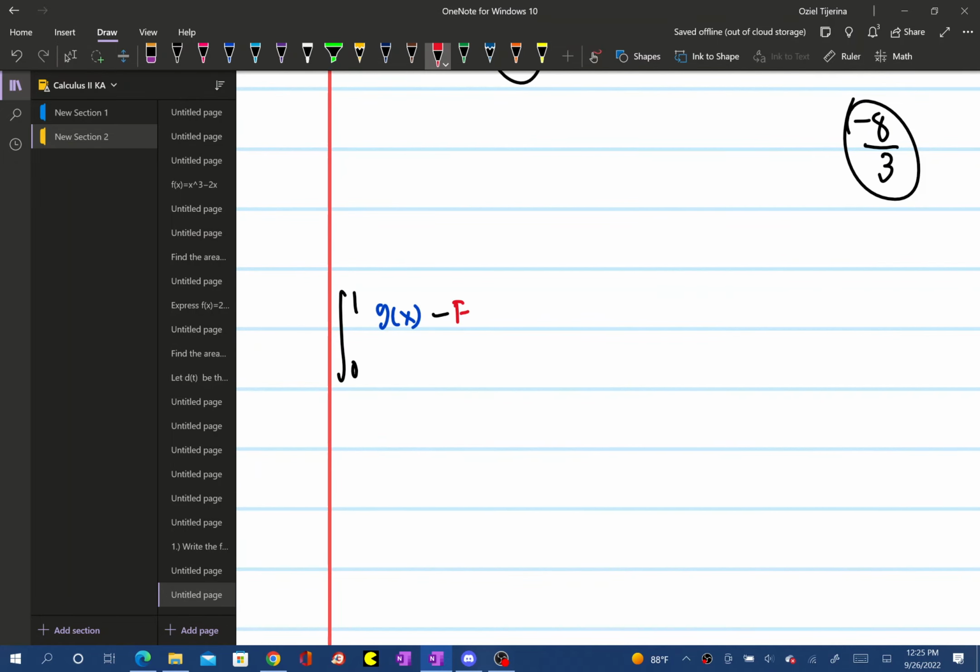So minus f of x, and then all of this dx.